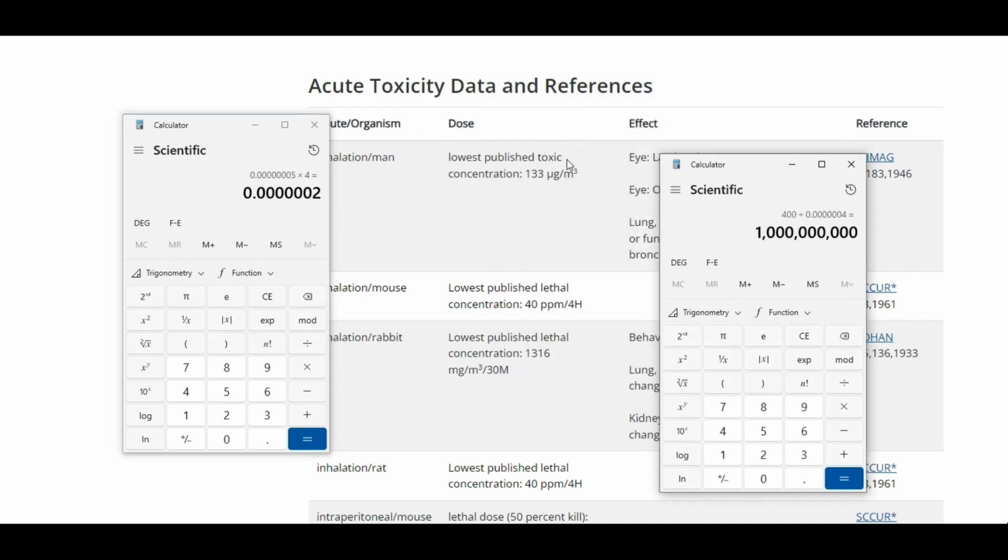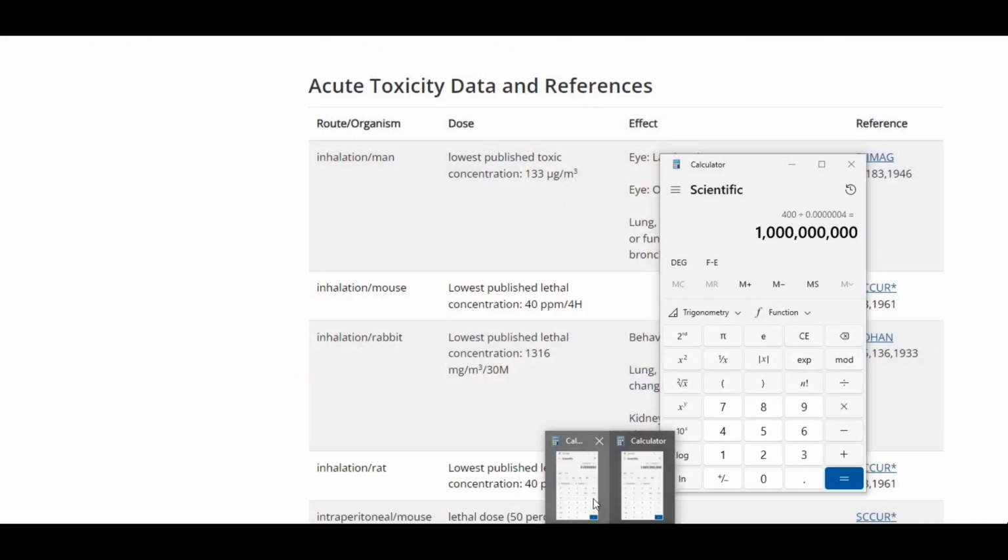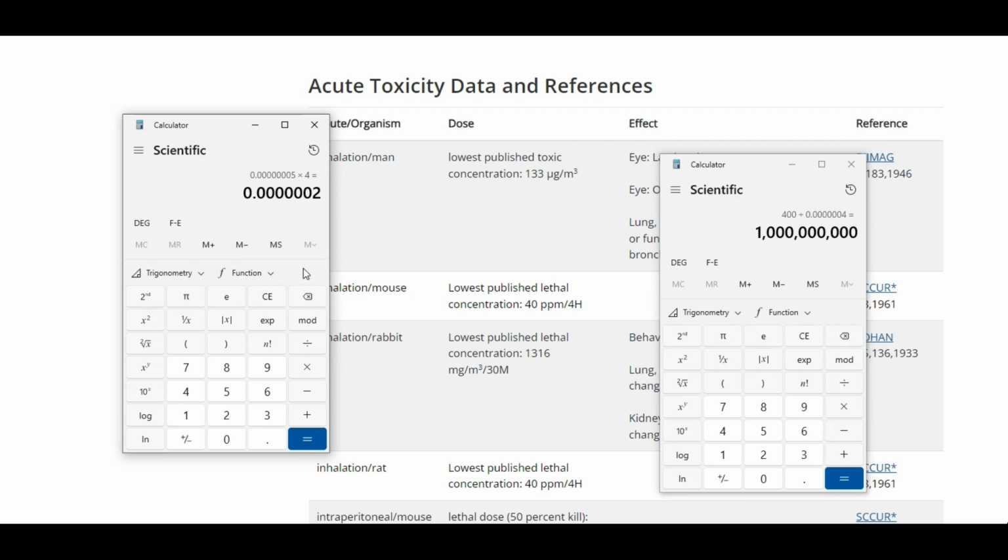Now, this human, I don't know what the duration of this was. Let's just assume that it was, like this says, acute toxicity, over a very, very short period, an hour or less, okay? So let's get our calculators back out. Divide this number by 4 so we can get back to an hour.